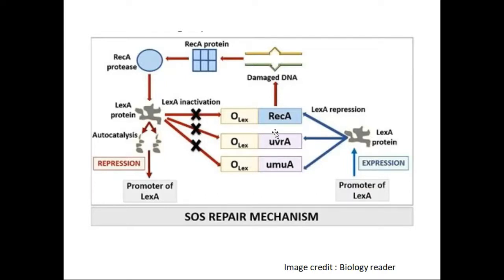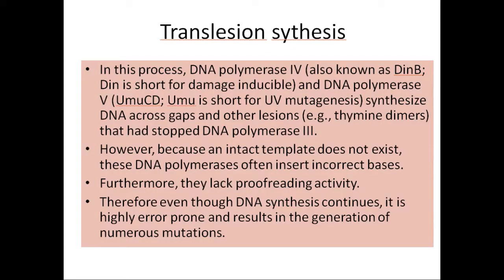And if these two systems are not working properly and are not able to give sufficient repair even after 40 minutes, another system called translesion DNA synthesis will happen, which is mainly initiated by a product of the UmuA gene. Let's take a look at that.